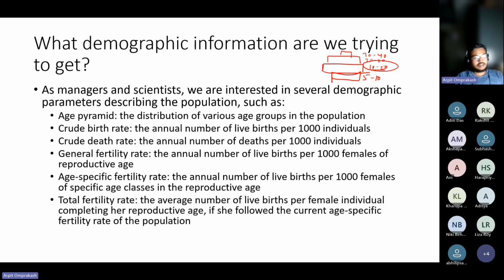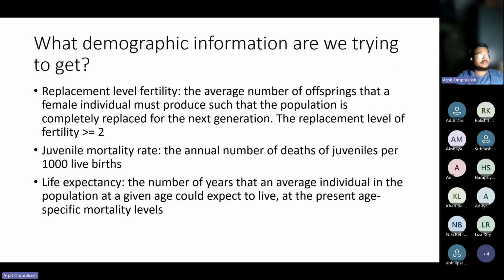Then the total fertility rate is the live births per female individual completing her reproductive age, if she followed the current age-specific fertility rate of the population. Then we have something called replacement level fertility, which is basically the average number of offspring that a female individual must produce so that the population is completely replaced for the next generation.